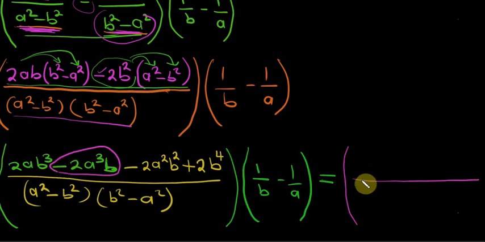Minus 2a cubed b. Okay, there's no other one, so minus 2a cubed b. What's next? Okay, after a cubed, the one that follows is a squared. So write minus 2a squared b squared.